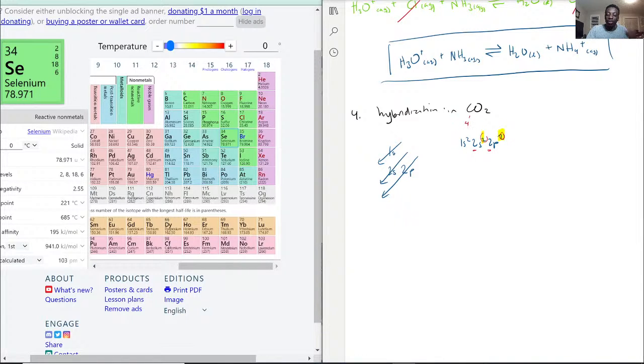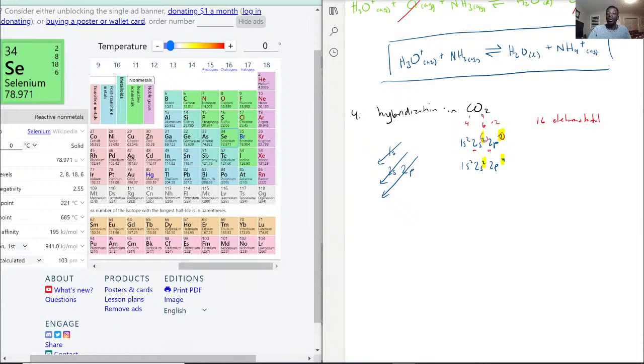So carbon has 4 electrons. Oxygen, using the same steps, will be 1s2, 2s2, 2p4, based on where it is on the periodic table. So same thing, oxygen has 6 electrons. Multiply that by 2, you have 12, plus 4, that's 16 electrons total.